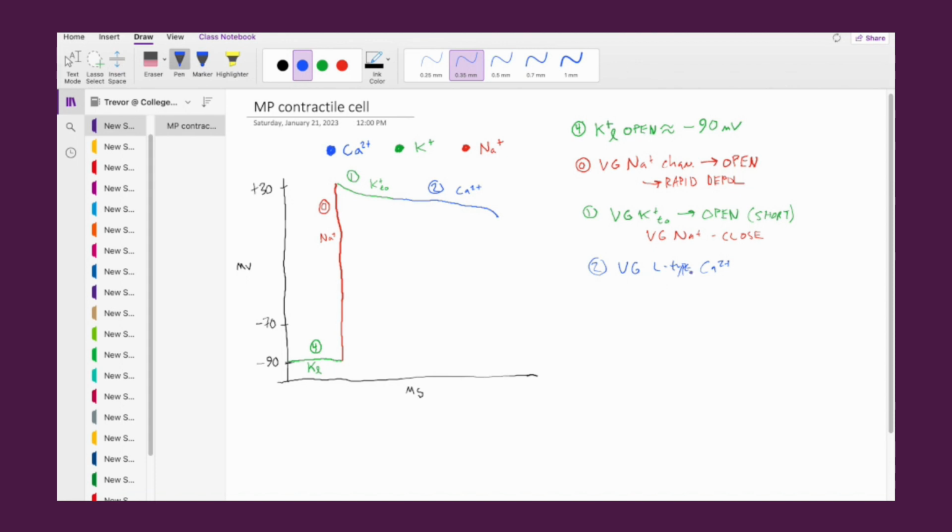They're open a long time. And we also, at this step, have our voltage-gated potassium transient start to close.